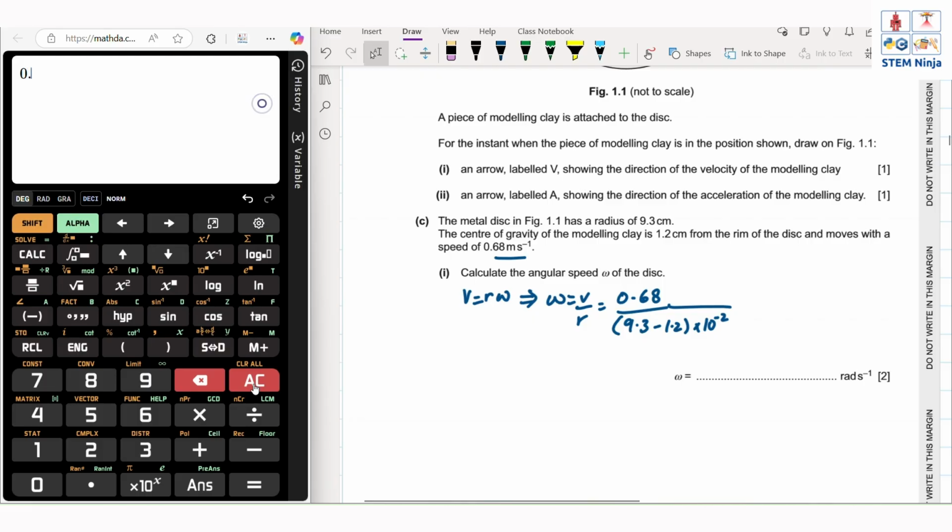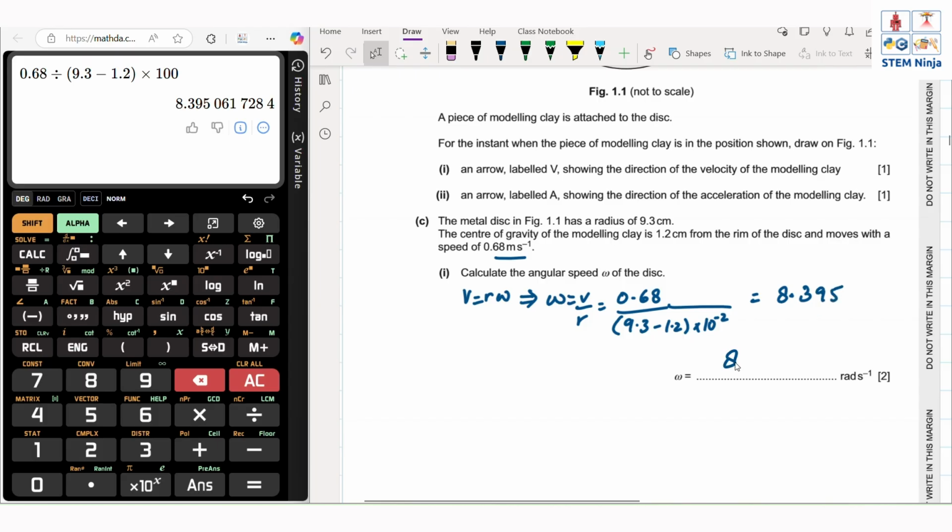So 0.68 divided by (9.3 minus 1.2) times 100 gives 8.395, so roughly about 8.4.